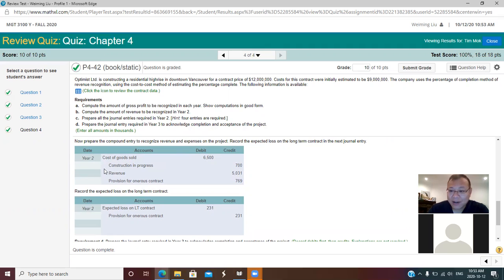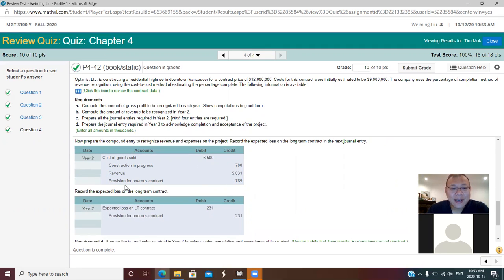Remember, you have to reverse the gross profit of 700,000 from year one. You credit construction in progress for 700,000, and the revenue recognized this year, which you just calculated, is 5.031 million.